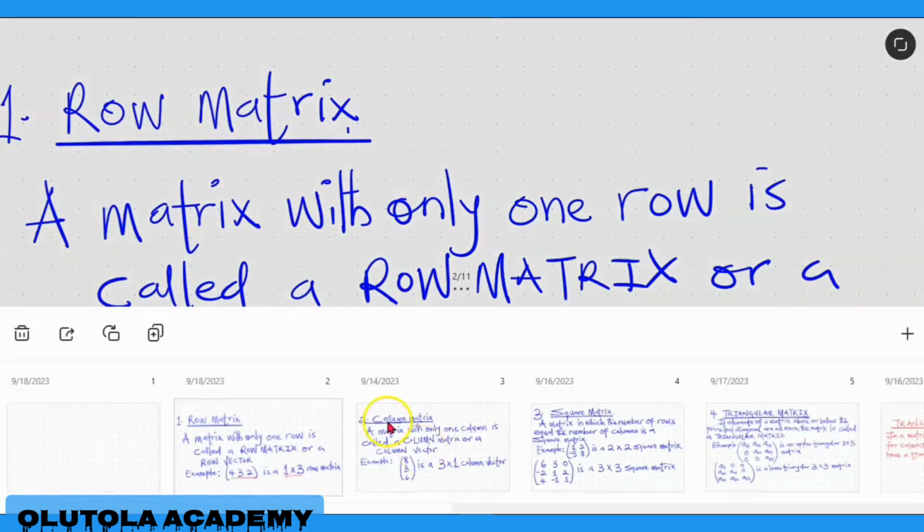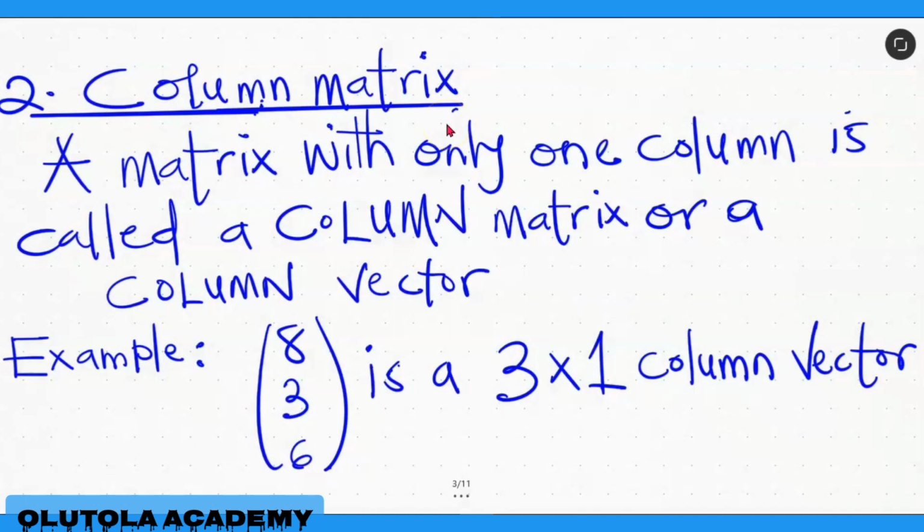The second is the column matrix. The column matrix is a matrix with only one column, and is also known as a column vector.